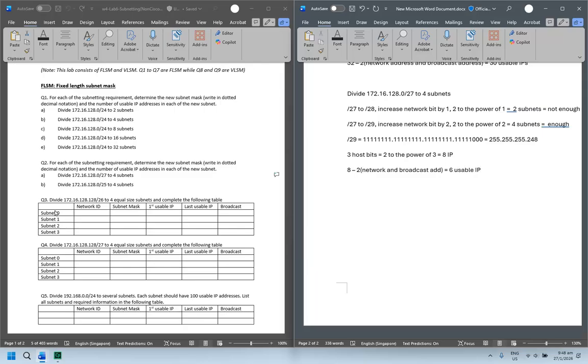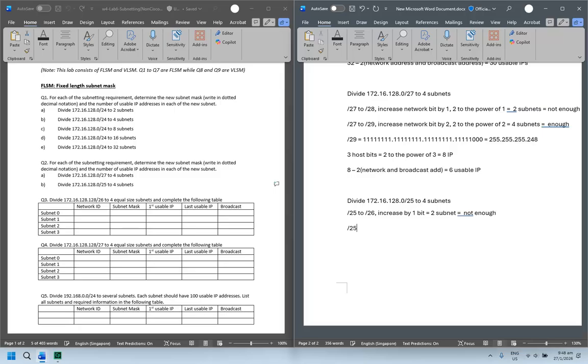Same thing for the next example, /25. Very simple. From /25, if I increase to /26, I increase by 1 bit, which will give me 2 additional subnets only, which is not enough for my requirement because I need 4.